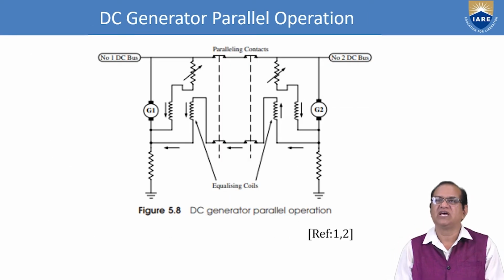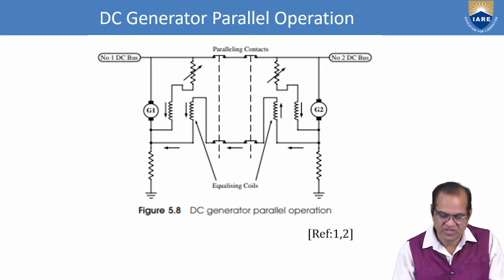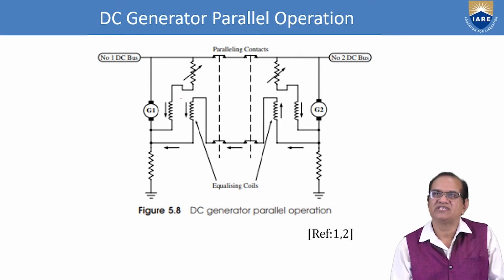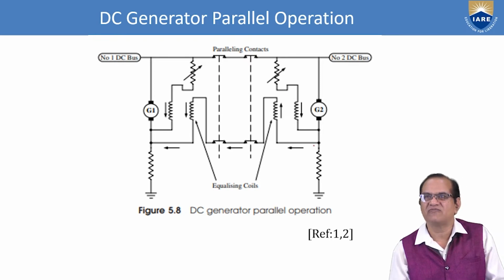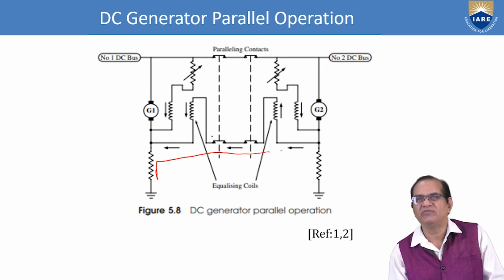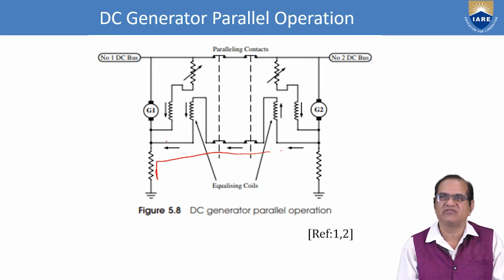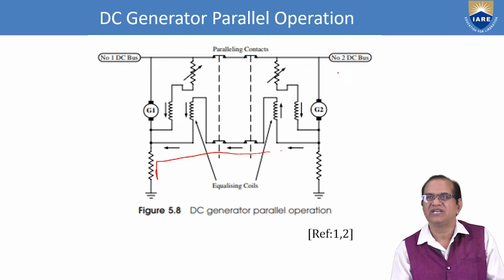How this parallel operation is done is explained here. Here is generator G1 and here is generator G2, here is your voltage regulator, and here is also a voltage regulator. Power will go like this, from here it will come and then go here, and equalizing coils are here. It can go from this side to this side or this side to this side, and this will supply the number 1 DC bus and the number 2 DC bus.